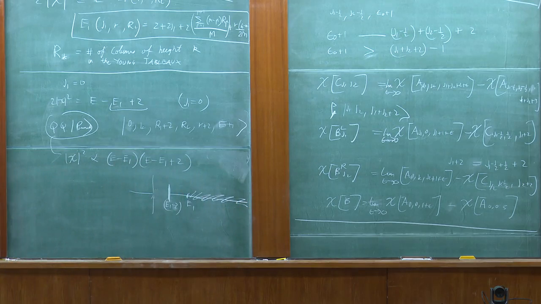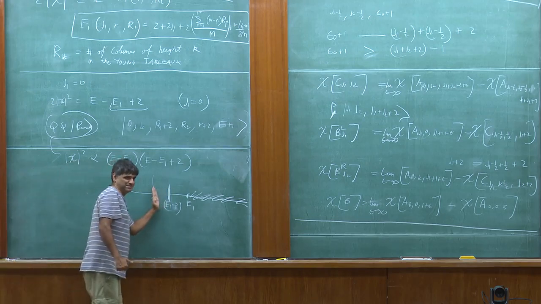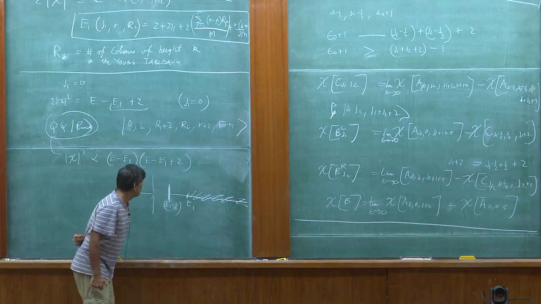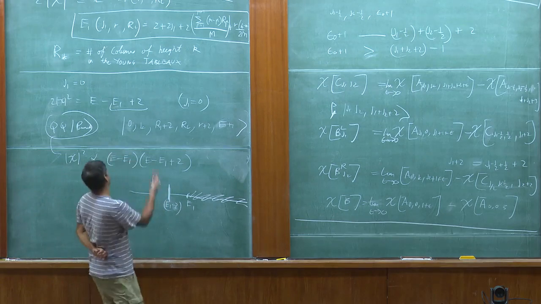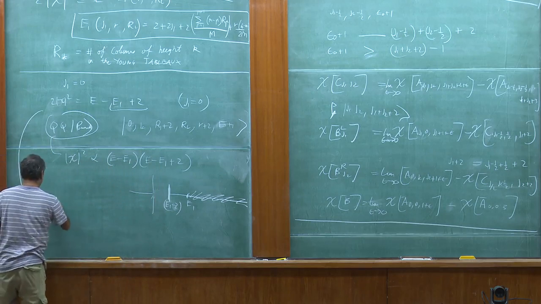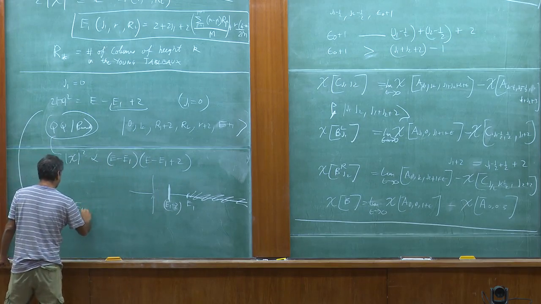What gets ruled out? All E's lower than E1 minus 2. Why is it ruled out at first order? Good, already at first order you're right, it's ruled out. This condition was E is greater than or equal to E1 minus 2.